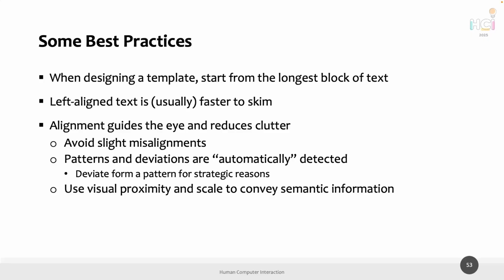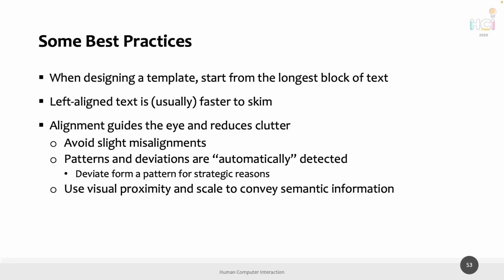When designing a template, start from the longest block of text and then align the rest. Left aligned text is usually faster to skim. And of course, alignment guides, like the one in red we have just seen in one of the examples, guide us to recognize this sort of alignment and reduce clutter.